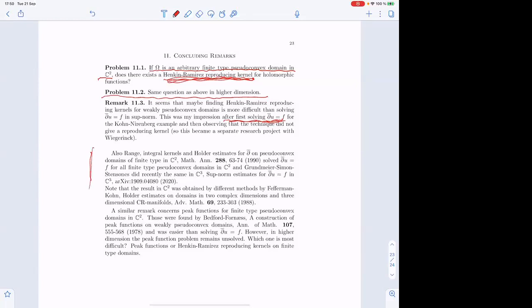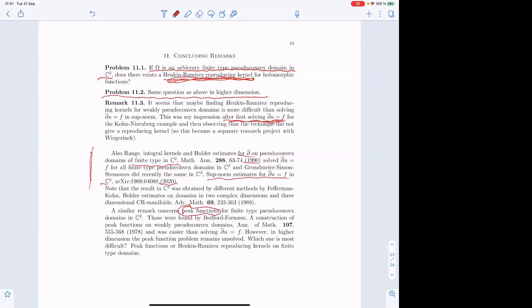So, history: Range solved d-bar for the pseudoconvex domains of finite type in C2 already in 1990. And recently, this year or last year, Grøntmeier, Simon, and Stensnes found sup-norm estimates for d-bar in C3. But the question of Henkin-Ramirez reproducing kernels is still open. And there's another question about peak functions, which one also wants to have when studying pseudoconvexity.